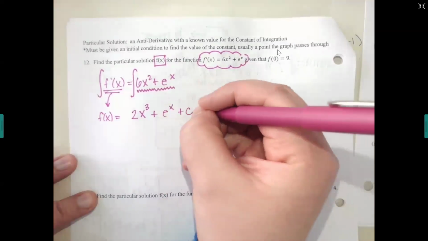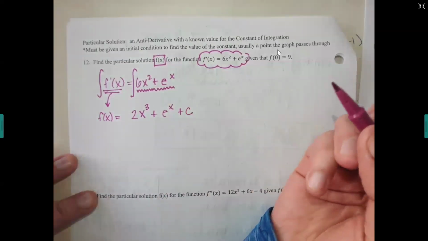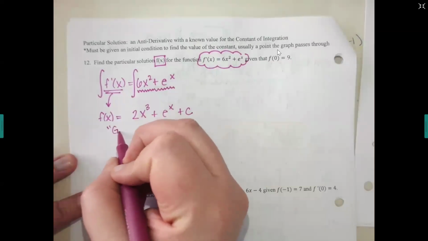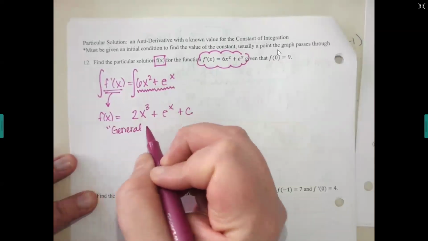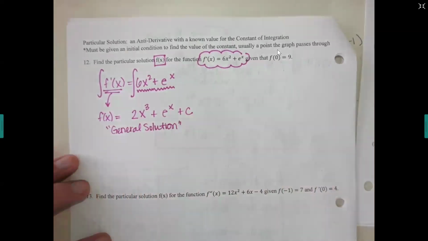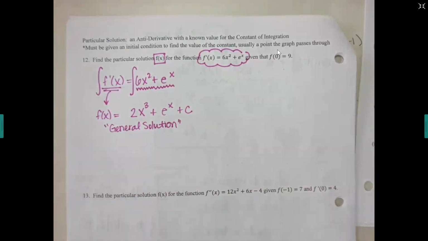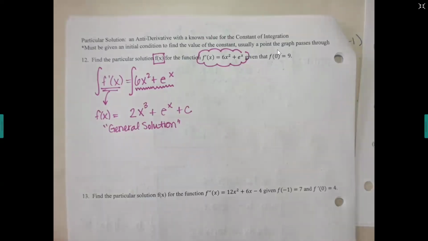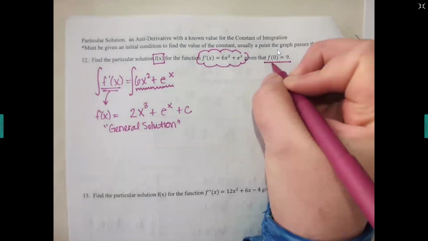Plus c. This is called the general solution. The reason that it's called that is because your plus c is an ambiguous constant, which means it's standing in for basically any number that I want. If they give you an initial condition, you can actually find what that c has to be. Look right here.